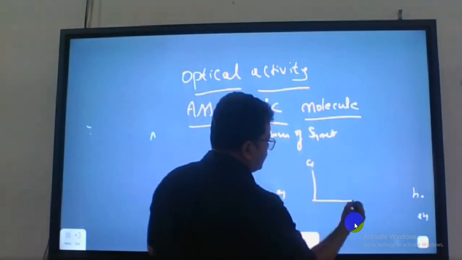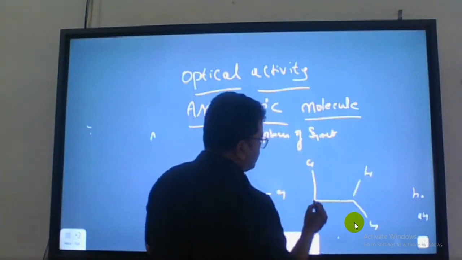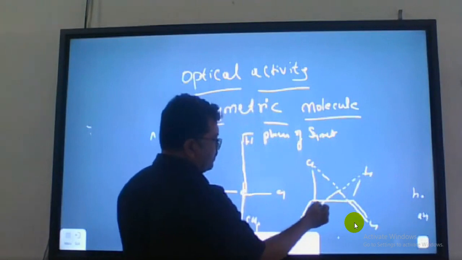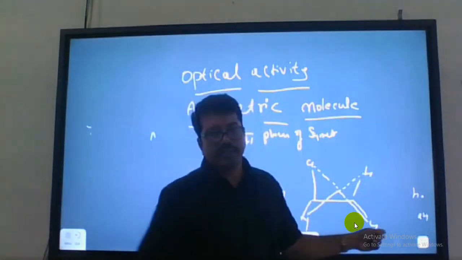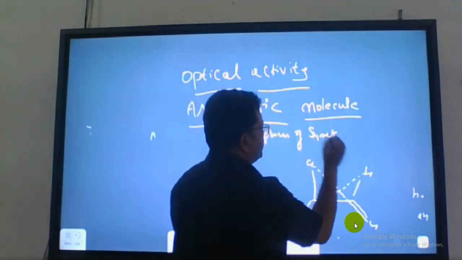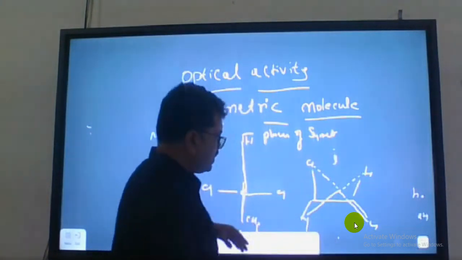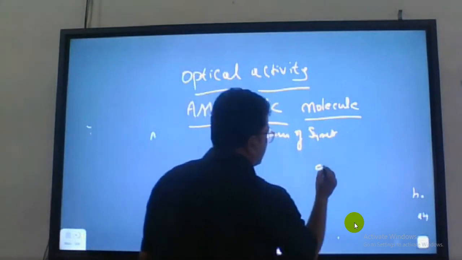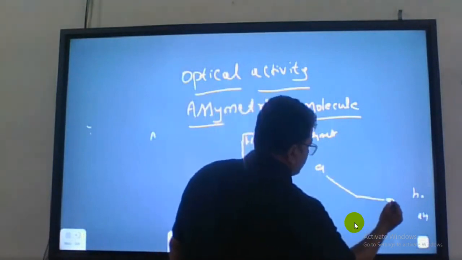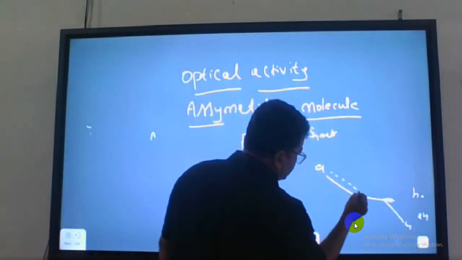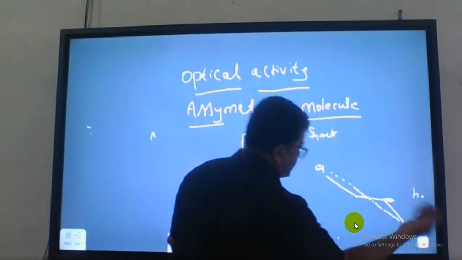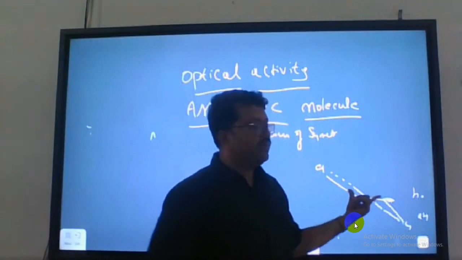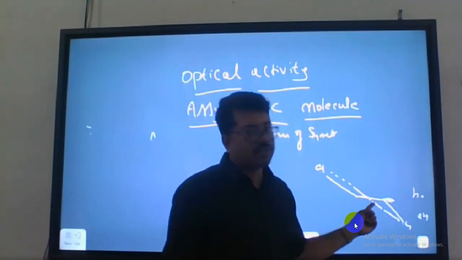Draw a line from each atom, which means the same atom at the same distance. This is called an inversion center. The inversion center means you draw a line from each atom through the center, which encounters the same atom at an equidistance from the center.